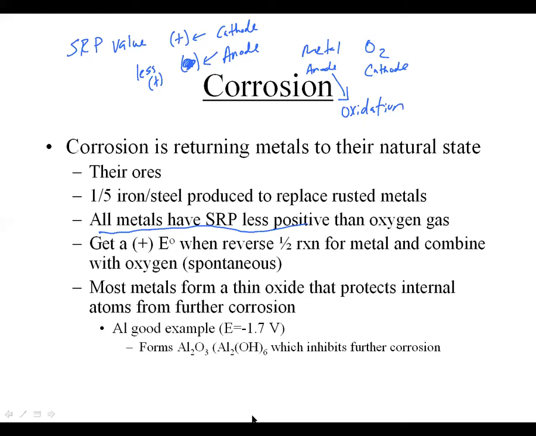As the aluminum goes through that oxidation, it forms this protective skin, and that basically will protect the metal underneath from further corrosion. So not all corrosion is necessarily a terrible thing. It can actually protect the metal from further corrosion.